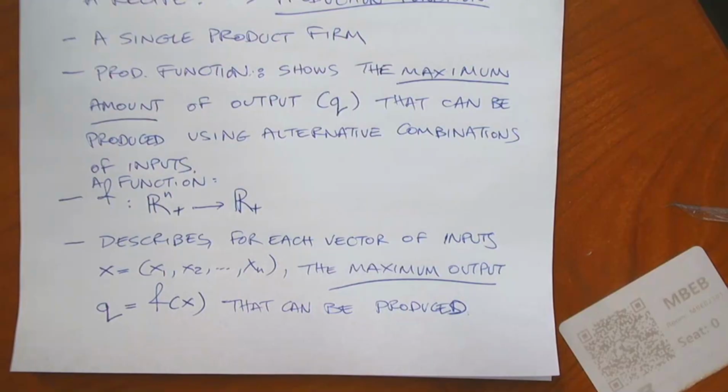So you decide on the amount of output that you want to produce. You are equivalently thinking, what is the minimum amount of inputs that you need to produce that? That would be an equivalent problem. But what does this mean?